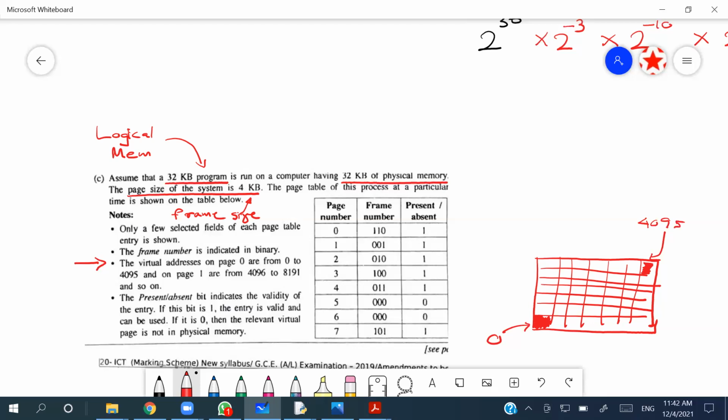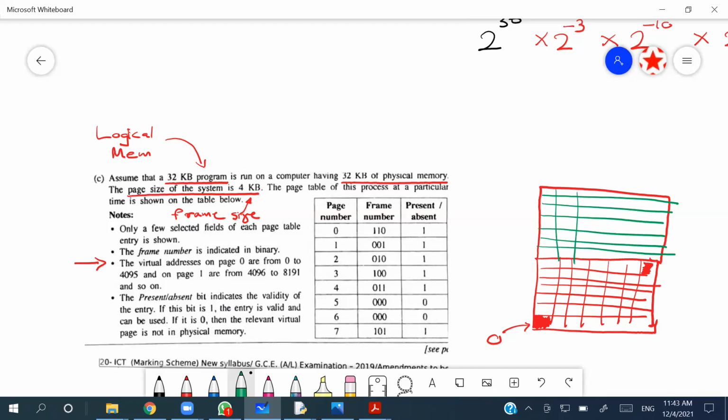They were talking about the second page as well. So this is going to be the second page. I'll put a different color for the second page. Here the first address, they say, is 4096, and the last address is going to be 8191.